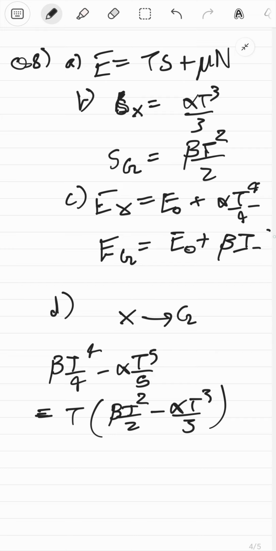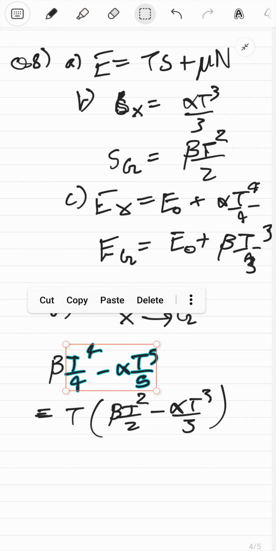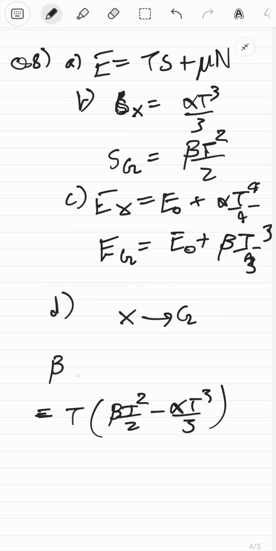Yes, it's C dT, and that's C by T dT, and C is given as alpha T cube, so it would be 4. Fine, this is actually 3, sorry. This is not correct. We just have beta T power 3 upon 3 minus alpha T power 4 upon 4. That's the correct thing, sorry.